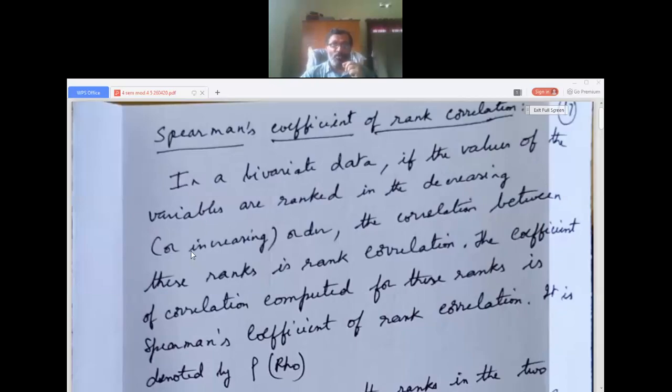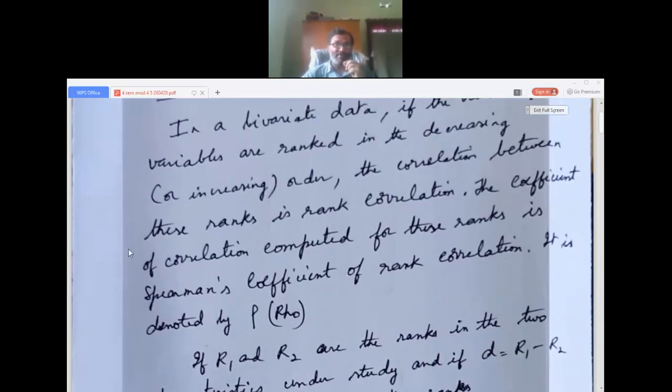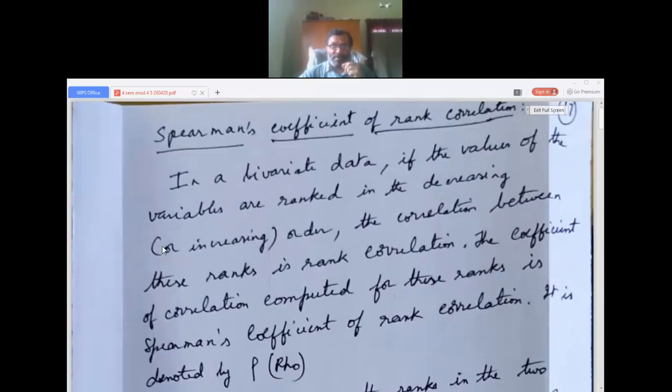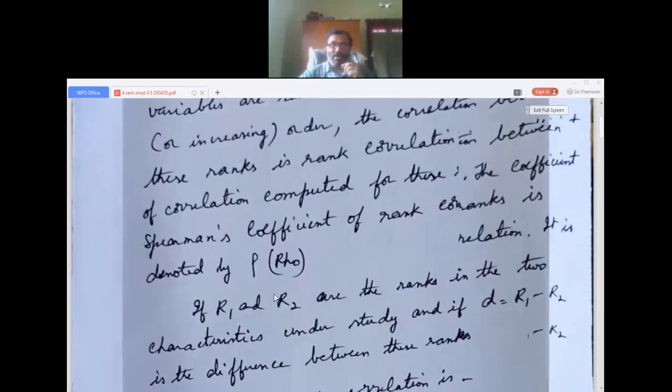The correlation between these ranks, when they are arranged in increasing or decreasing order, is called rank correlation.